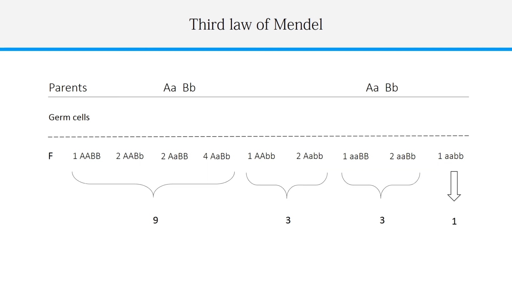So the proportion of different phenotypes guided by even higher diversity of genotypes will be 9 to 3 to 3 to 1.